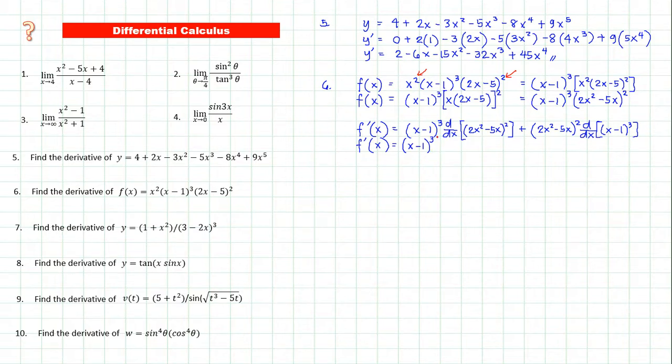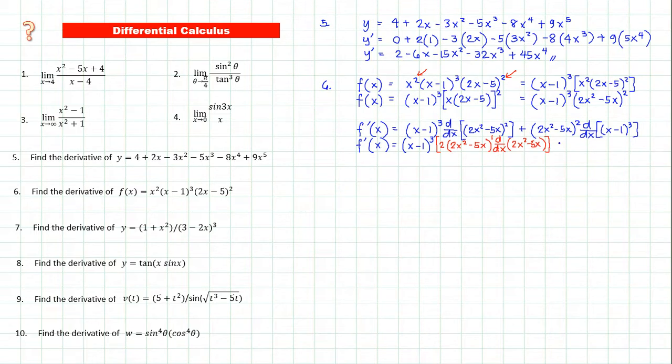We have the quantity, so ibababa natin yung power. I-consider natin ito na parang isang buo. So, 2 times, kopyahin lang natin nasa loob, 2x squared minus 5x. Tapos babawasan natin yung power, magiging 1 lang siya, times the derivative nung nasa loob, derivative ng 2x squared minus 5x. Ganyan na siya.